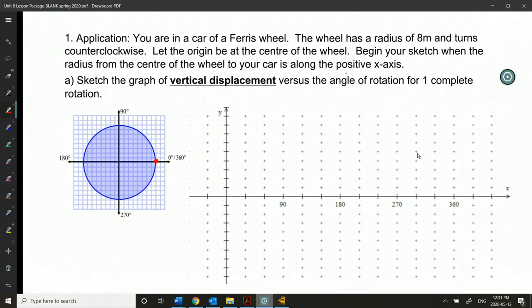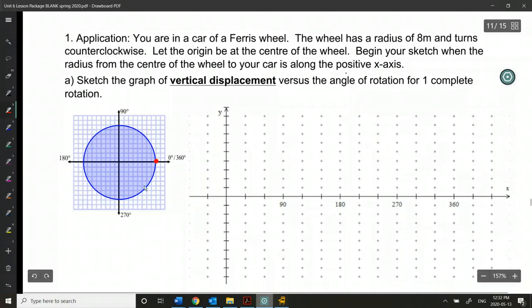And the radius of this Ferris wheel is 8 meters. So when you draw your circle here, I already have pre-drawn mine, you're going to make sure that it's 8 units in all directions. So you see that mine is crossing at the points 8, 0, 0, 8, negative 8, 0, and this point here would be 0, negative 8.